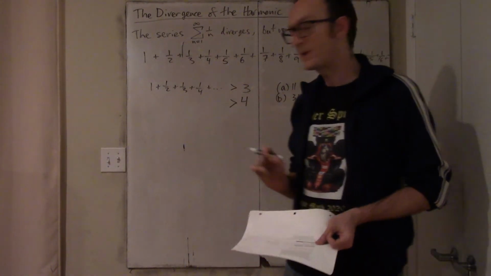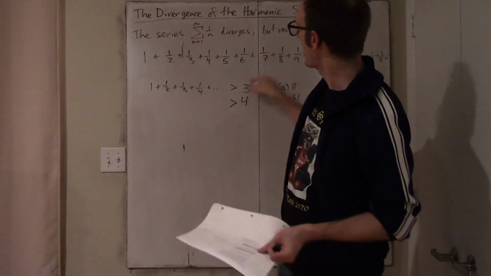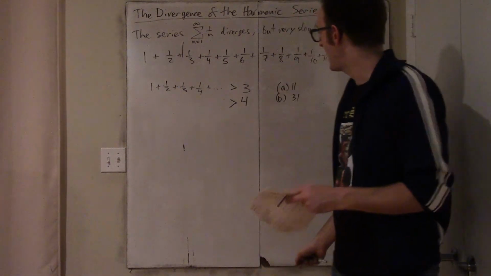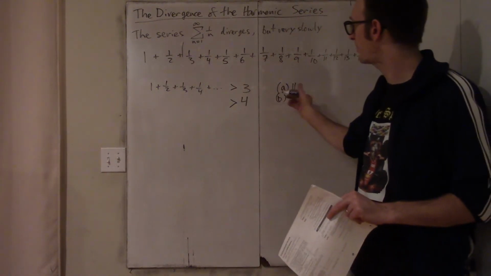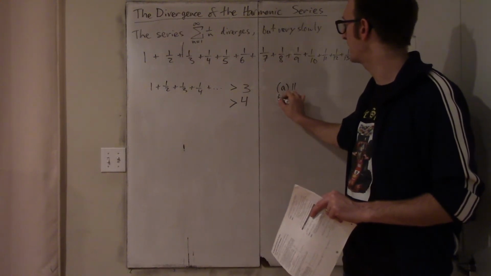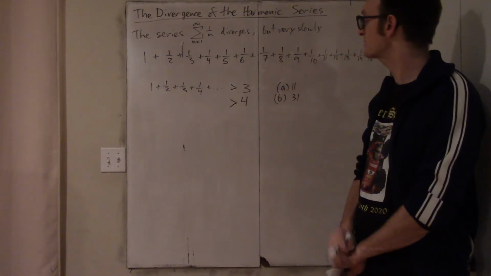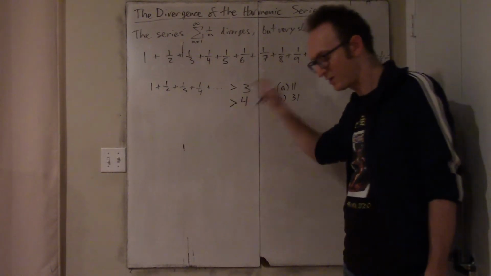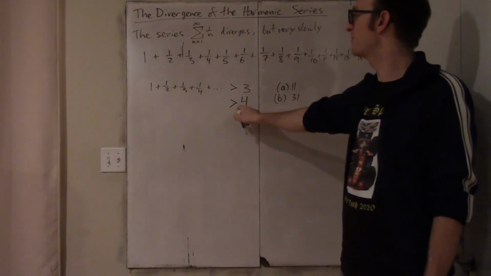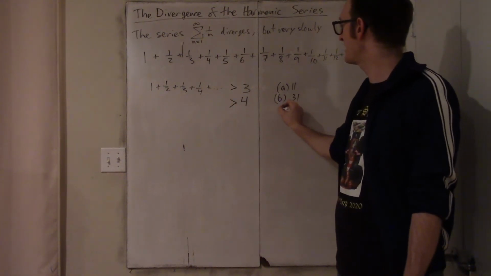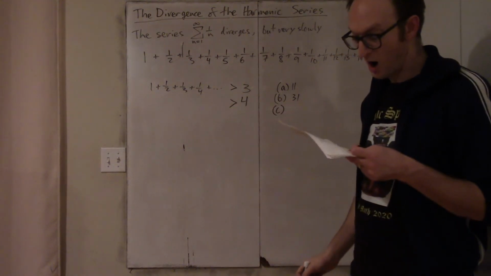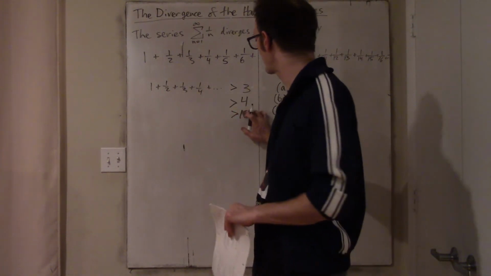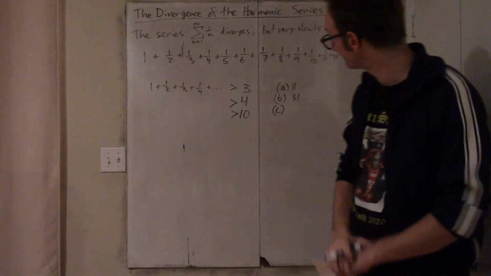Yikes. Because the terms are getting smaller and smaller, I need more and more of them to make any kind of progress. It's not until the 31st partial sum that the sum will be bigger than 4. Not until then. And then the last question is, how many terms do I need in order for the sum to be bigger than 10?